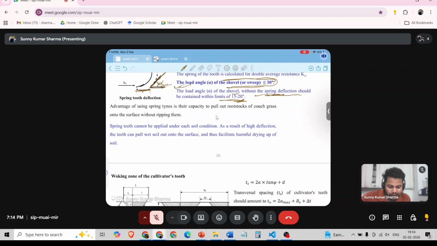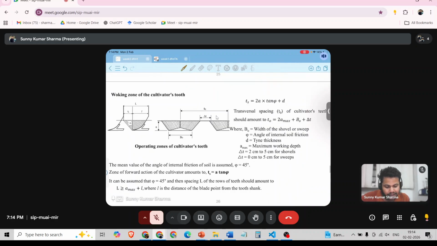Advantage of using a spring tine, this we have discussed in case of spike tooth harrow also. This is the working operating zone. This is the spacing between two tines. This will be a maximum, a max will be a max, this angle.